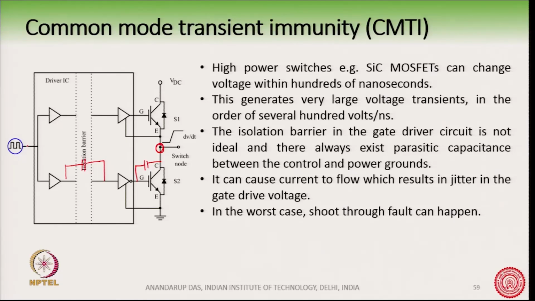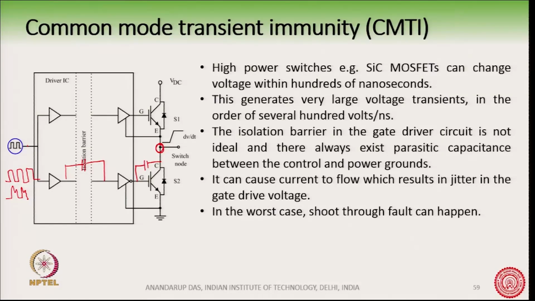So, this voltage here, instead of having a perfect pulse, you will see that the pulse shape is getting deteriorated and it has jitter in the gate drive voltage, and in the worst case it may happen that there may be a shoot through fault.